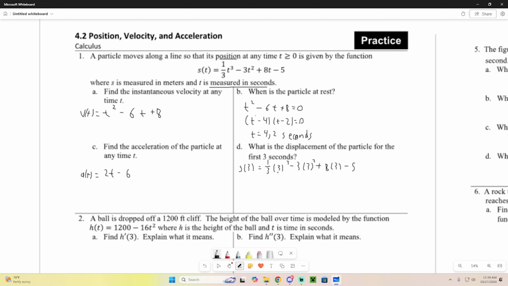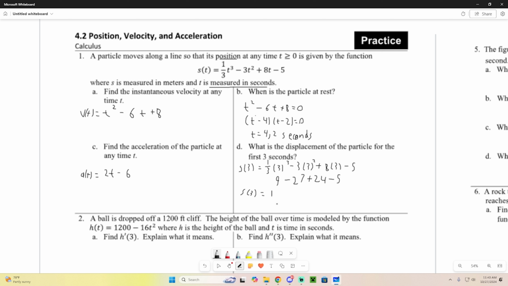So 3 cubed is 27, 1/3 of 27 is 9, minus 3 squared is 9, 9 times 3 is 27, 8 times 3 is 24, minus 5. And then if we add all this up, s of 3 is equal to 1.